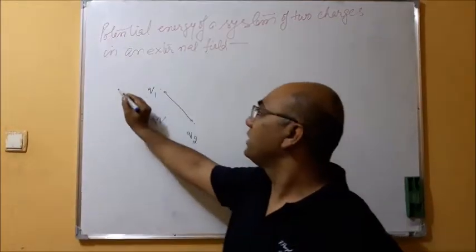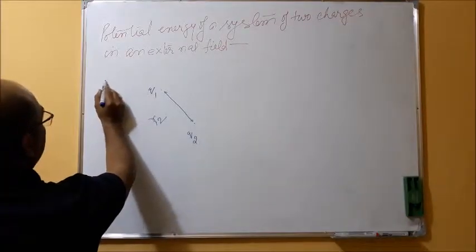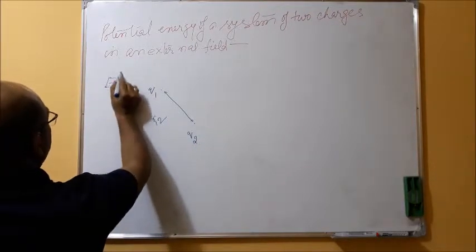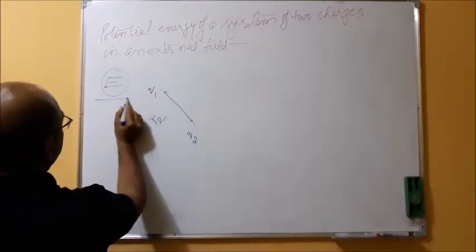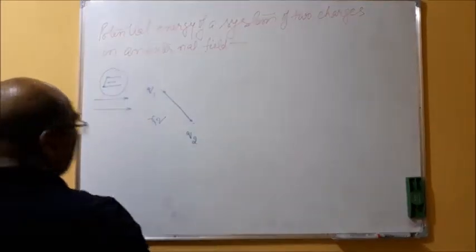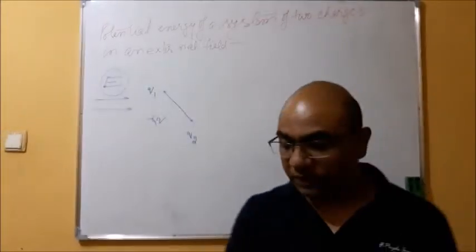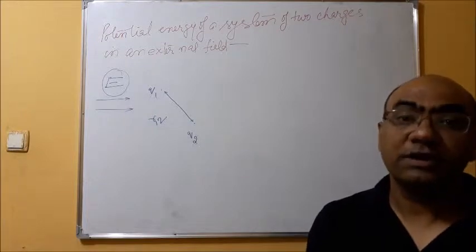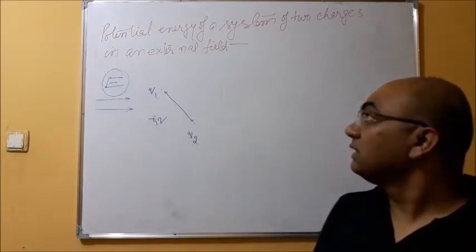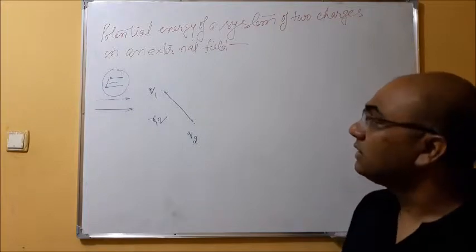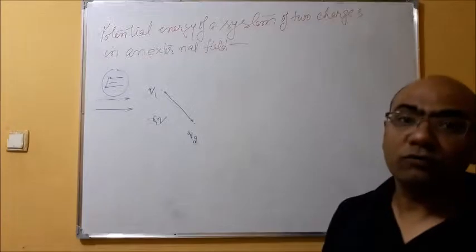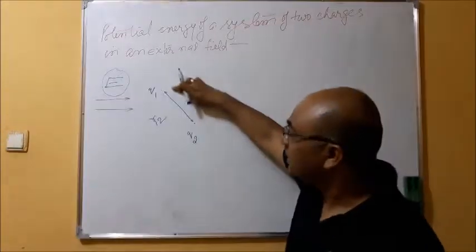Suppose the electric field is E, and the electric field lines are like this. So we have an external electric field and two charged particles are placed in this electric field. So what would be the value of potential energy by keeping these two charged particles?